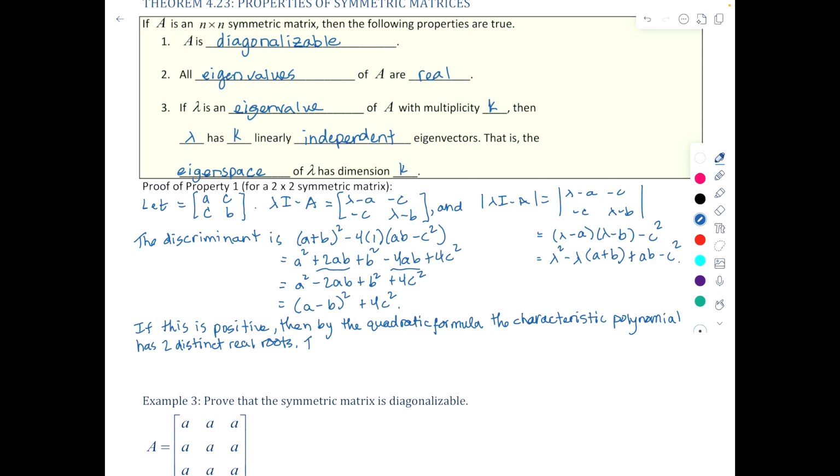Now, if it is 0, and when I'm saying it, I mean this guy here, if it's 0, then what do we have? We would have A minus B, the quantity squared, plus 4C squared equal to 0.